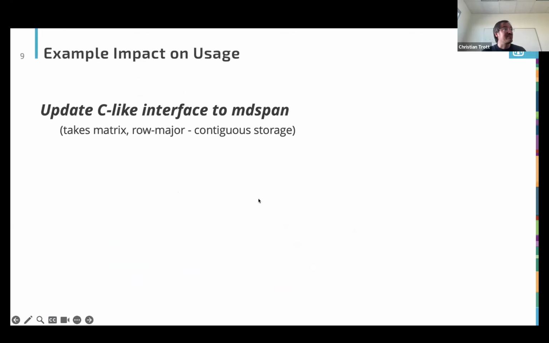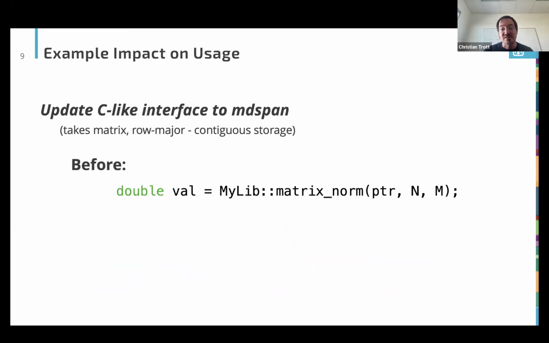What that means is that it's actually fairly trivial for users if you, for example, update a C-like interface to using mdspans. For users, it's actually not that hard to switch over because you can just wrap your existing arguments into an mdspan. So say you had a function matrix norm, right?